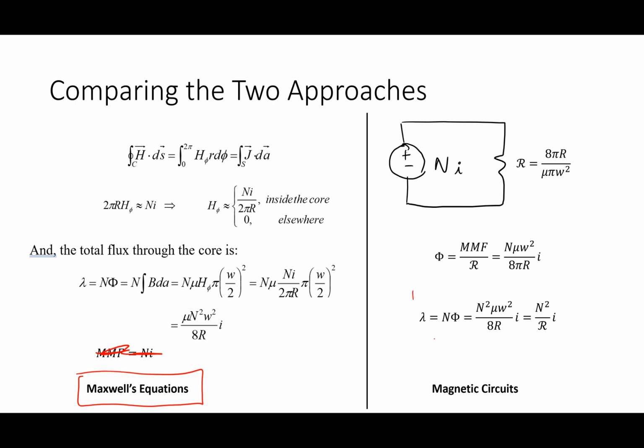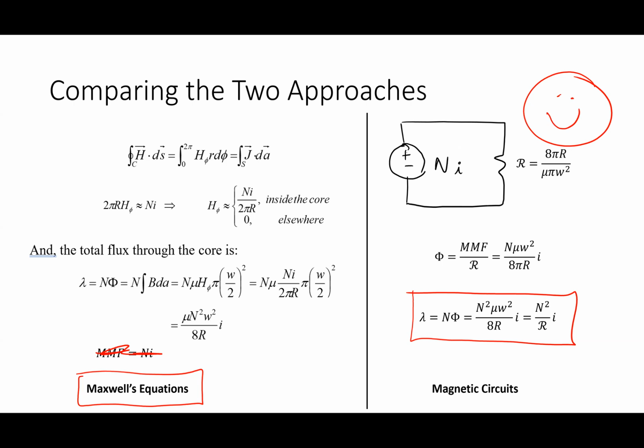This is the exact same thing that we got when we did magnetic circuits. We didn't do any calculus here per se either, but it sure looks ugly, right? Whereas this is fun, happy stuff, because this is things that we should all be comfortable with. It's just straight up algebra.